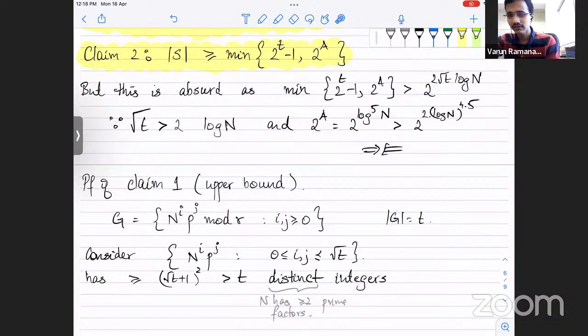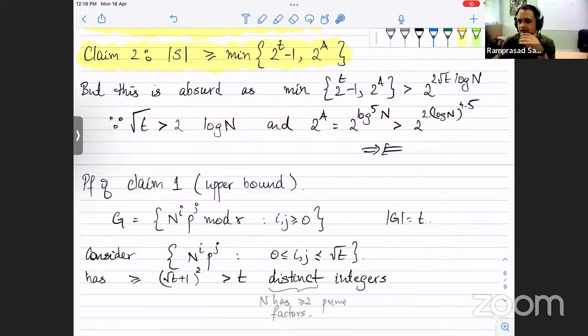Can you go over this again? Okay, so let's say that n is divisible by, I don't know, q power a, where q is some other prime number. Then n power i, p power j will be divisible by q power a times i. So if somebody just gave you this number m and asked you, can you figure out what i and j are?